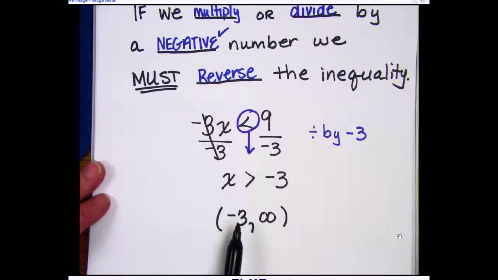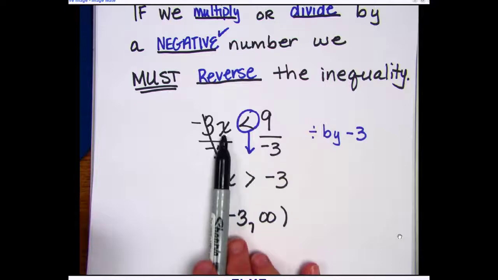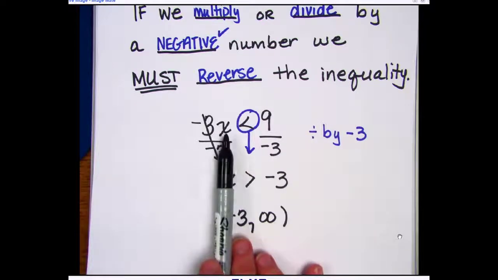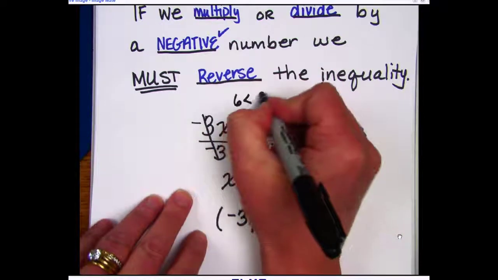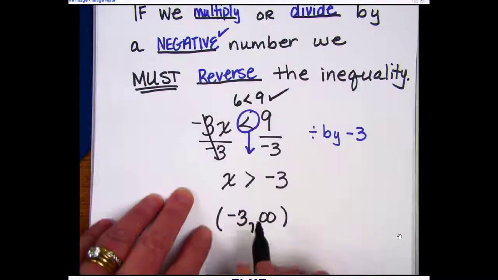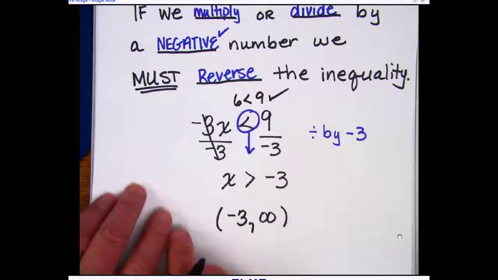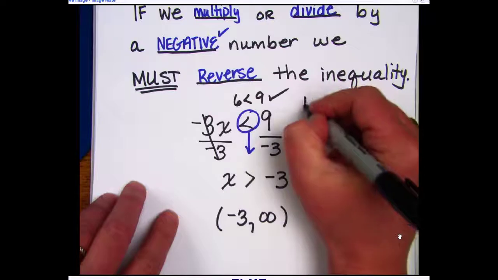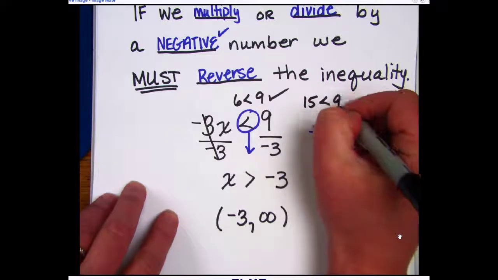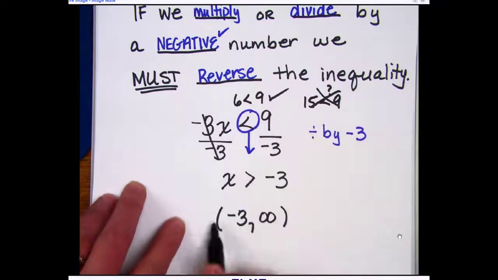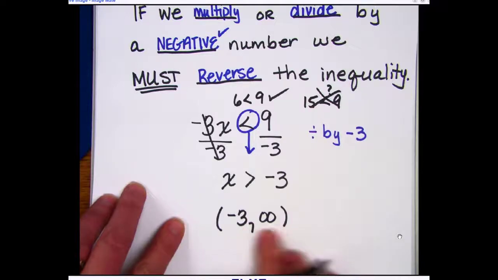And now notice, if I plug in, let's say negative 2, I get negative 3 times negative 2, that's 6. 6 is less than 9. Check. But if I plug in something like negative 5, I would get 15 less than 9. That's not true. And notice that negative 5 is outside of this range.